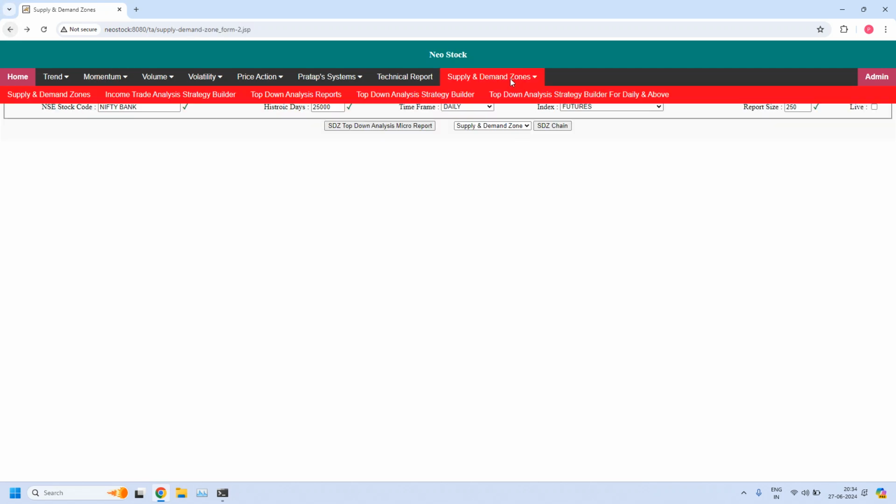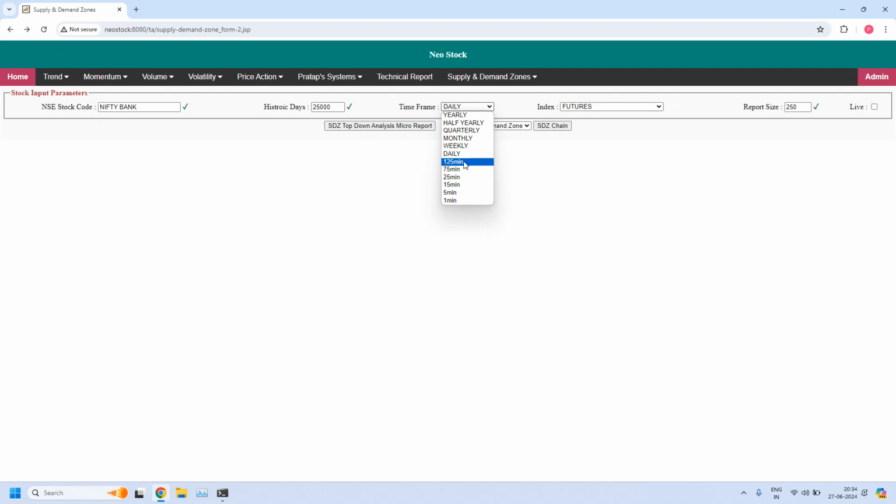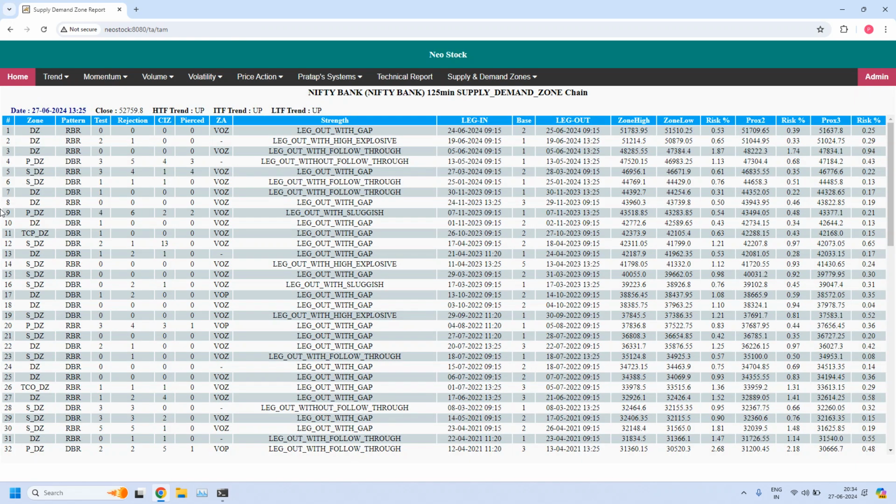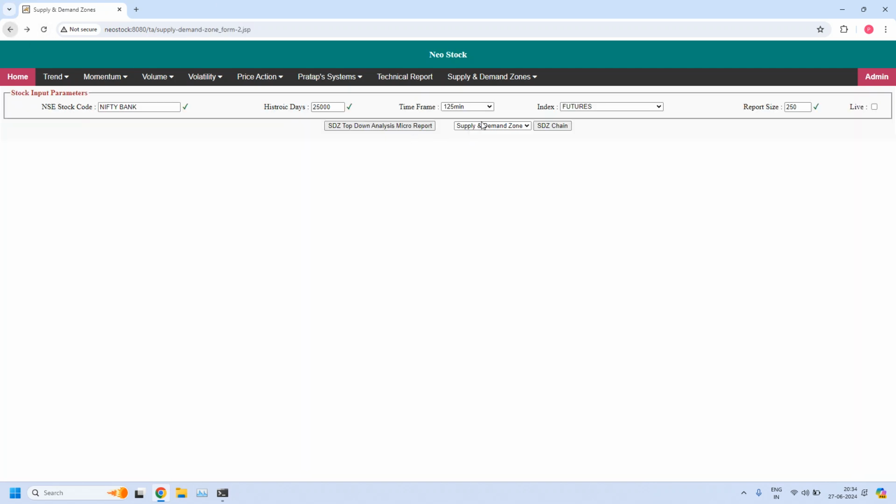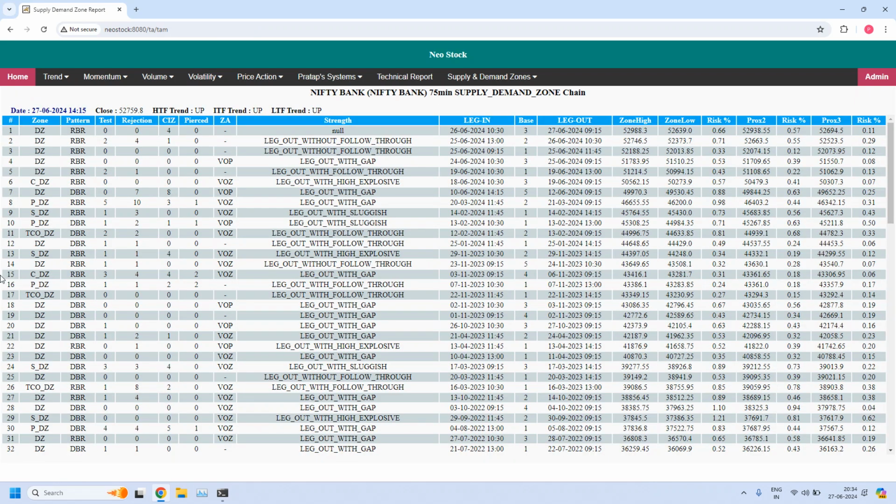And the next time frame is 125 minutes. So 125 minutes supply demand zone chain for Bank Nifty. And the next time frame is 75 minutes. So 75 minutes supply demand zone chain for Bank Nifty. And today at 9:15 candle with the leg out, a new 75 minute zone is created.